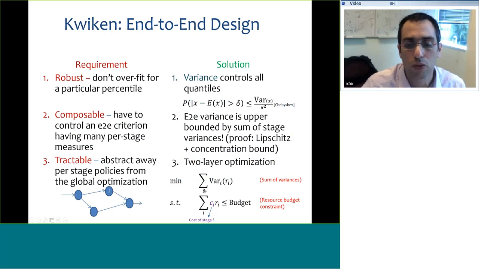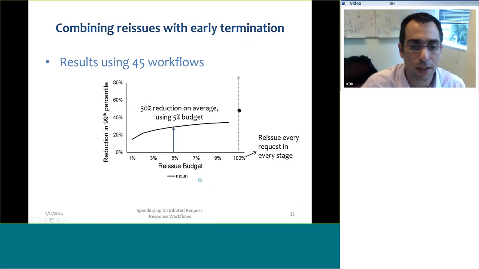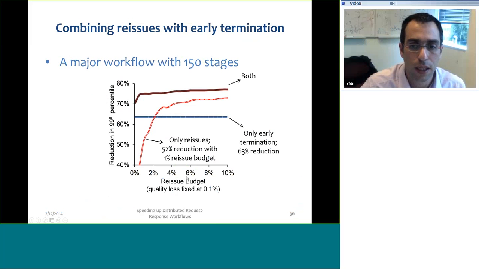You can formulate it using the same optimization form. That's what's nice, that multiple knobs fall under the same optimization umbrella. In our experiments, we combine two techniques, and we show that the combination is better than each technique on its own, which is maybe intuitive, but was important to show.